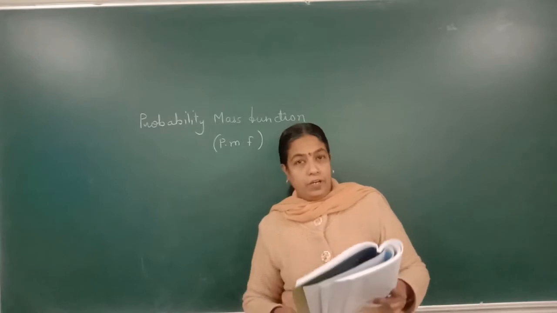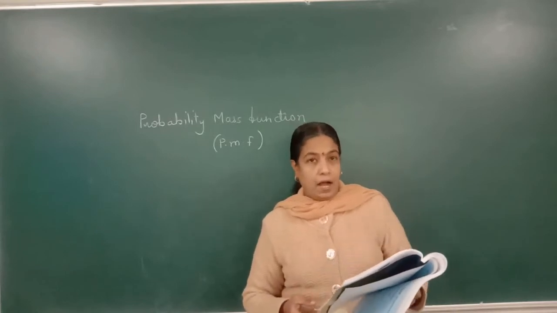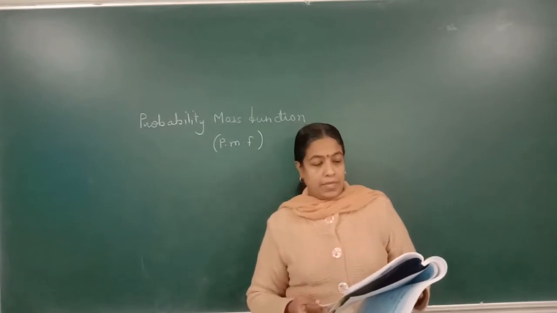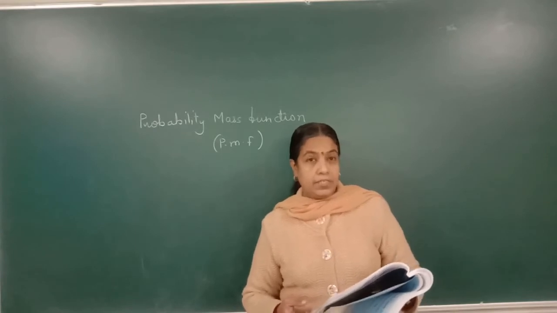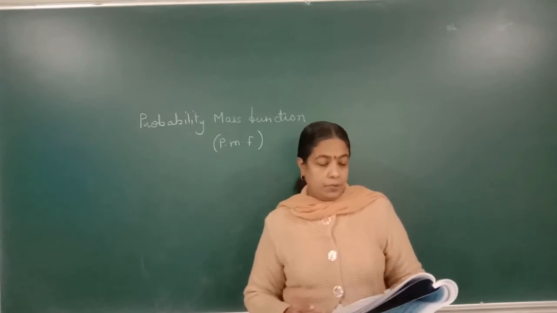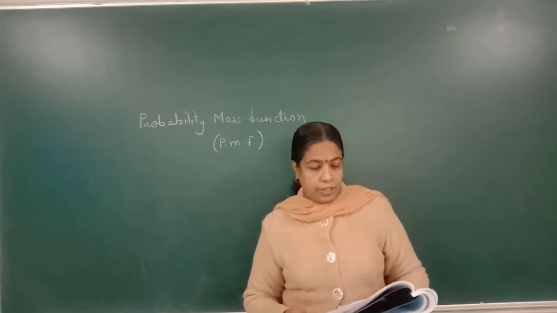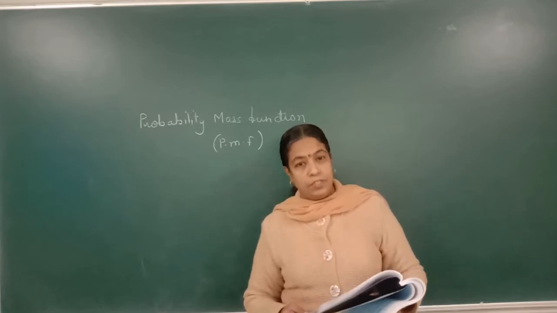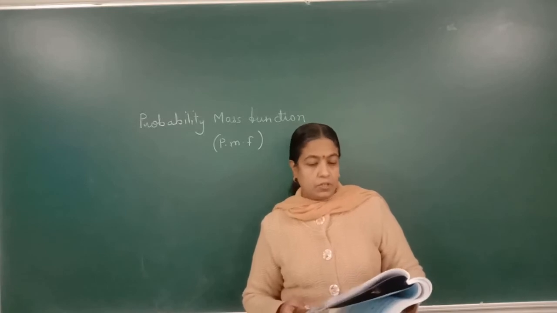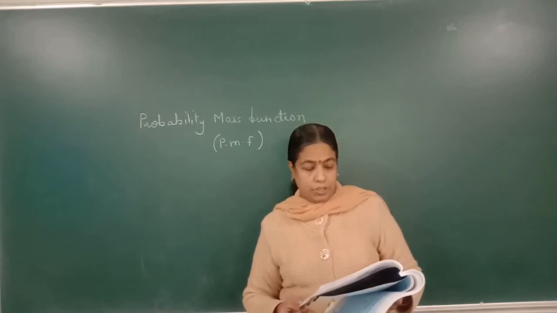Now I will read the definition. The probability Pi of x taking the value xi is sometimes a function. In such cases, it is sufficient to specify all possible values of x and the function that gives the probabilities of these values. Such a function is called the probability mass function.